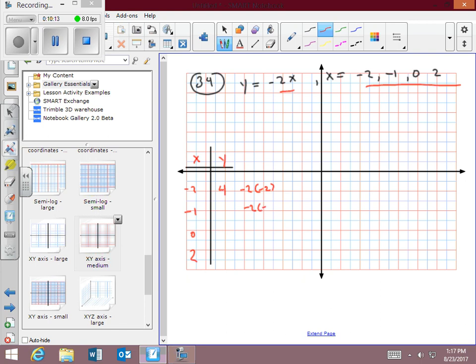Minus 2 times minus 1 is a plus 2. Then we put 0 in. Minus 2 times 0 is 0. Then we put 2 in. Minus 2 times 2 is a plus 4. So these are the ordered pair solutions that we want to graph.